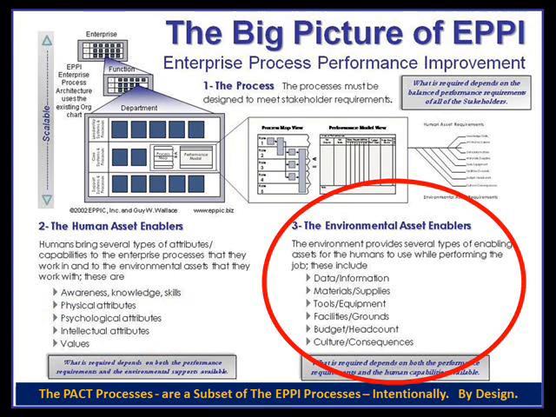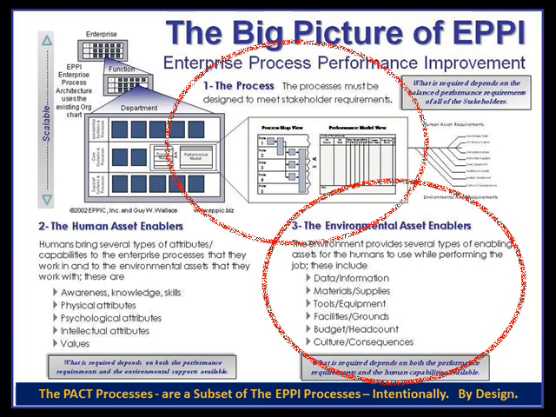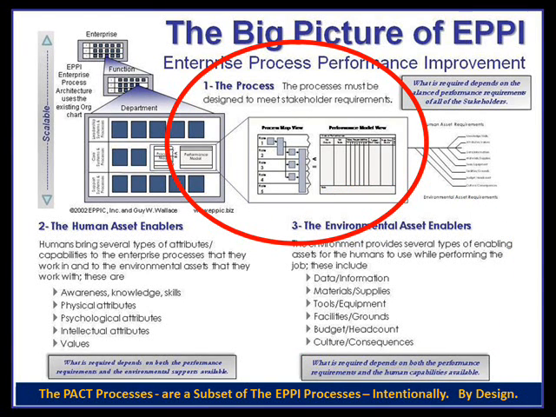But there's also the environment: the data and information, materials, supplies, tools and equipment, facilities and grounds, budget and headcount, and the culture and consequence system that the humans interact with and perform within. But there's also then the process. If the process has not been designed to meet the stakeholder requirements, it doesn't matter what human assets are available and what environmental assets are available.